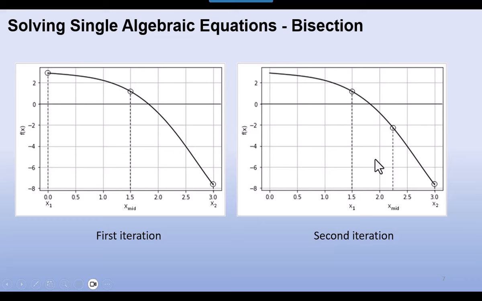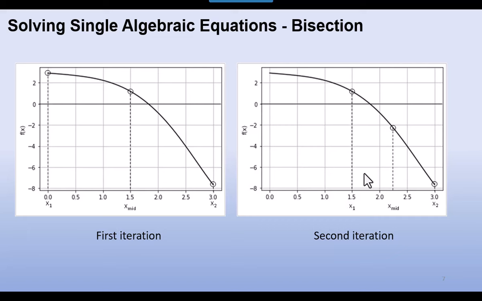And as you can see here, each time we iterate the method, here between x1 and x2, and then here x1 and x2, the interval that contains the solution is cut in half, and that's guaranteed. So if we run something like 10 iterations, the interval is reduced by a factor of 2 to the 10th, or 1024.